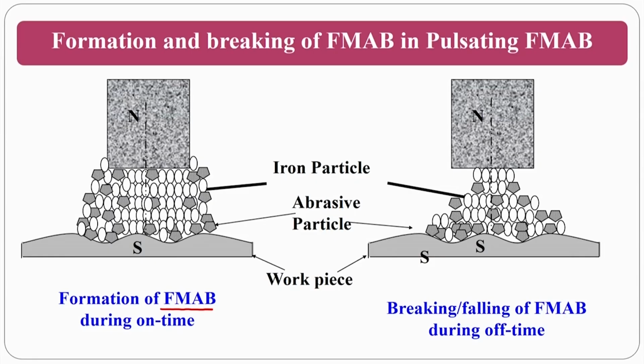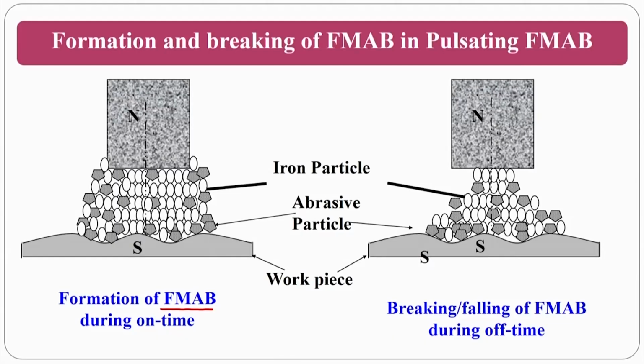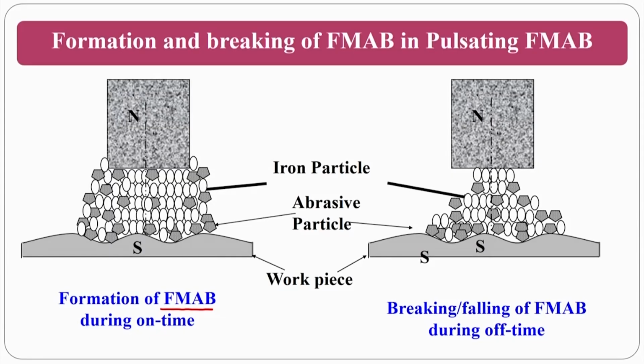That means chain formation will always be there, so abrasive particles are embedded in the chains. But in the pulsating one, what is the beauty about it? You give a pulse, then again you give power. In that circumstance, when there is a lag between two pulses, your flexible magnetic abrasive brush will collapse.